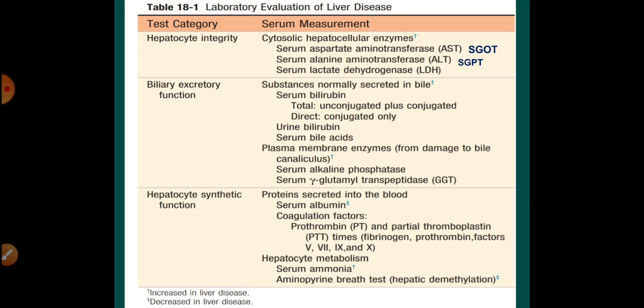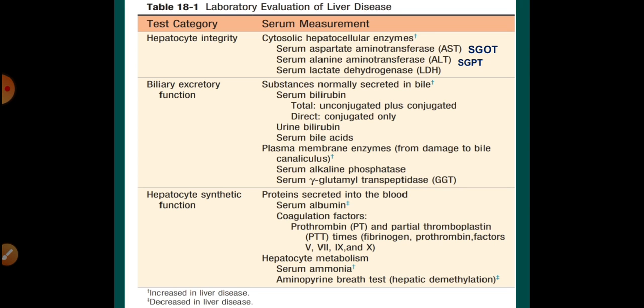Generally we measure total serum bilirubin concentration, which is unconjugated plus conjugated bilirubin, and you also measure the direct or conjugated bilirubin in the blood. This helps in differentiating jaundice, whether it is conjugated hyperbilirubinemia or unconjugated hyperbilirubinemia. You can also measure the concentration of bilirubin in the urine, and you can assess the levels of bile salts in the blood.